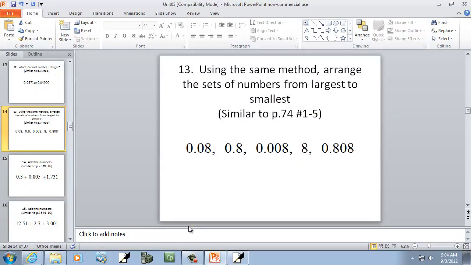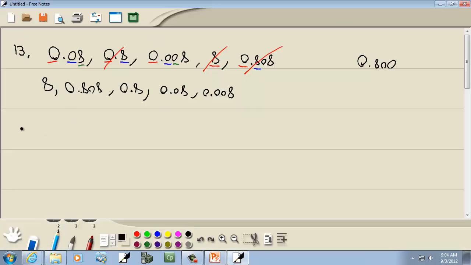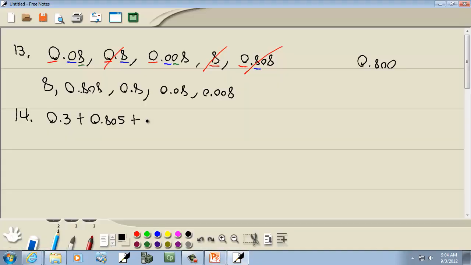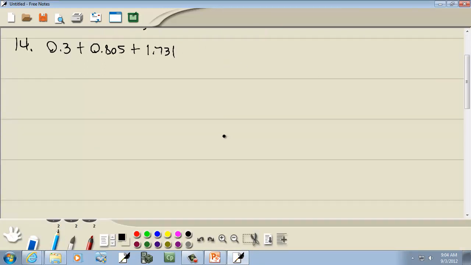Now next one's adding. So let's take a look at that. Got 0.3 plus 0.805 plus 1.731. Now if you're adding, vertical format is the best with these. And I usually like to put the one with the most decimal places on top.